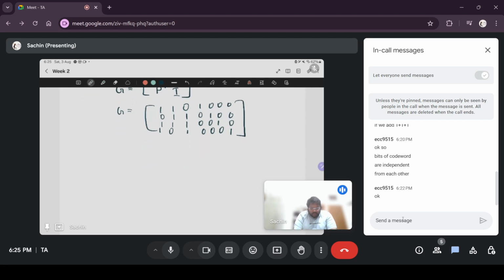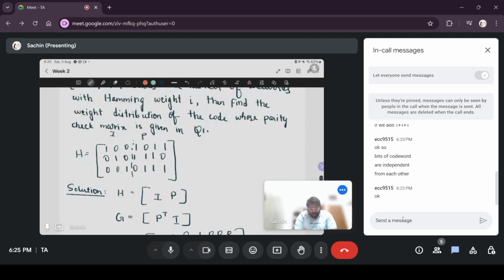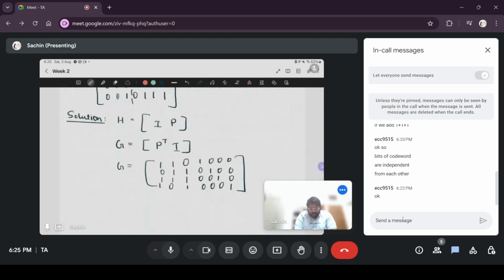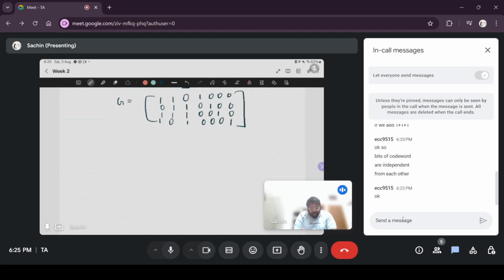Then you can list down all the code words. The way you do it is you write down all the possible messages. Since it's a 7-4 code word, there will be 4 bits in the message, so 16 messages are possible.